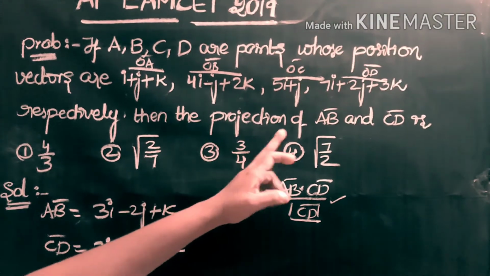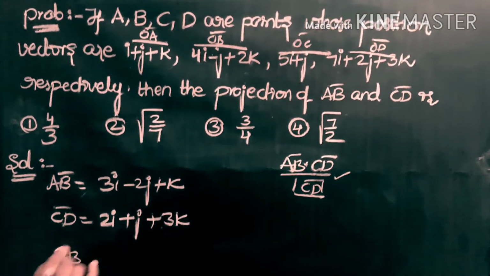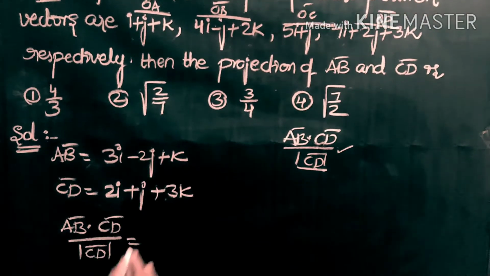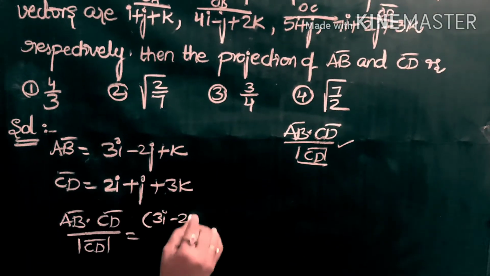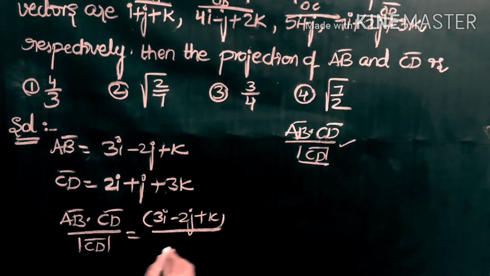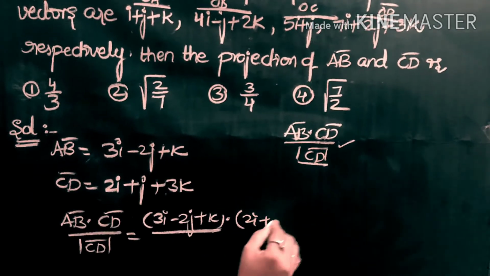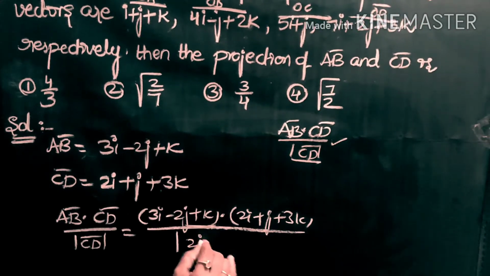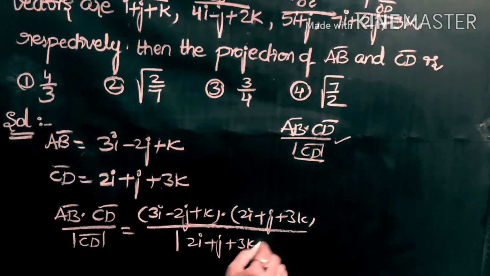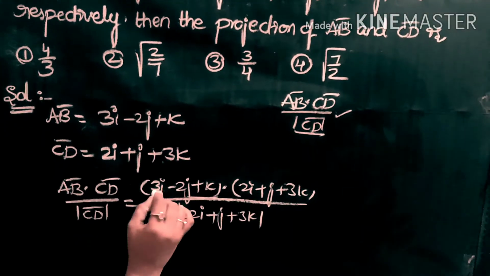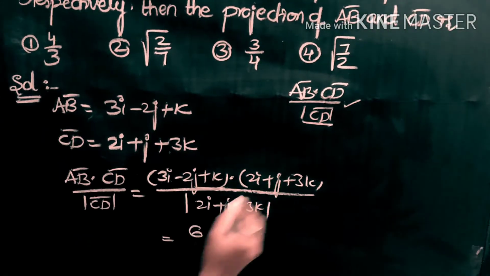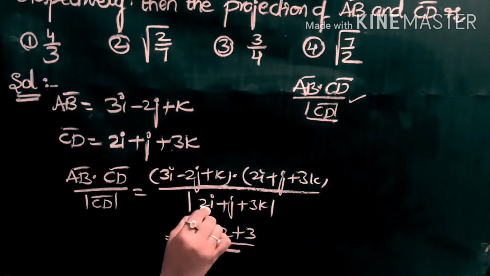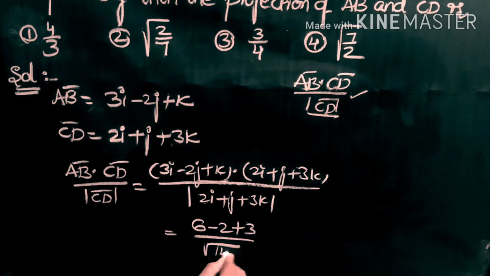Now therefore the projection of AB bar on CD bar is AB bar dot CD bar by mod CD bar, and this is equals to AB bar 3i minus 2j plus k dot 2i plus j plus 3k by mod CD bar, mod 2i plus j plus 3k, and this is equals to, taking the dot product, 3 2s are 6, 2 into 1 minus 2, 3 into 1 plus 3, by square root of 9 plus 1 plus 4, root 14.